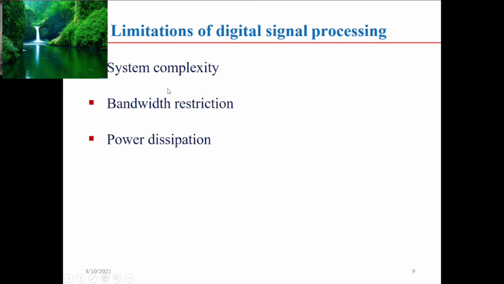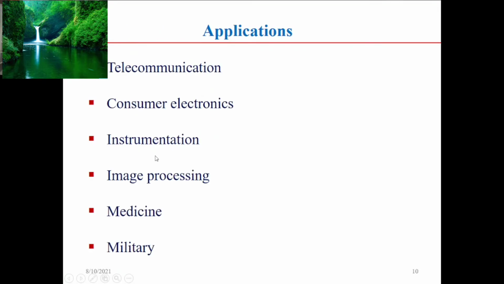And when power consumption increases, battery life is also a question mark, but there is a lot of research going on, and it is moving ahead, right? So bandwidth restrictions are another limitation, and power dissipation is another limitation, and we'll talk about it in the next successive lectures. Now think about an application, and you will find DSP applications in telecommunication, consumer electronics, instrumentation, image processing, medicine, and military applications, right?